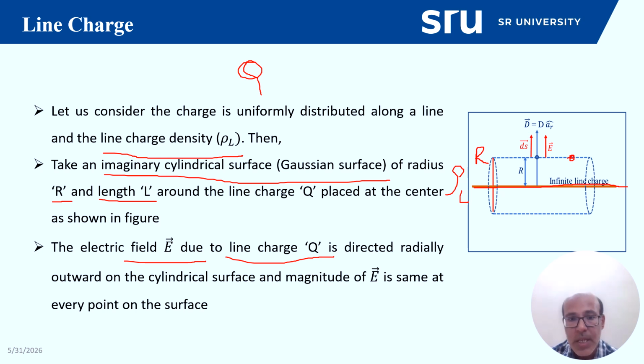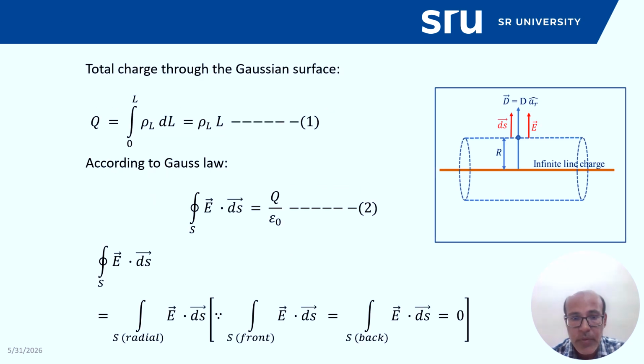Now, in Gauss law, the important thing is considering the ideal Gaussian surface, which in case of a line charge is the cylinder. What is the mathematical treatment? We always start with the Gauss law, that is, integral E.dS is equal to Q by epsilon naught.